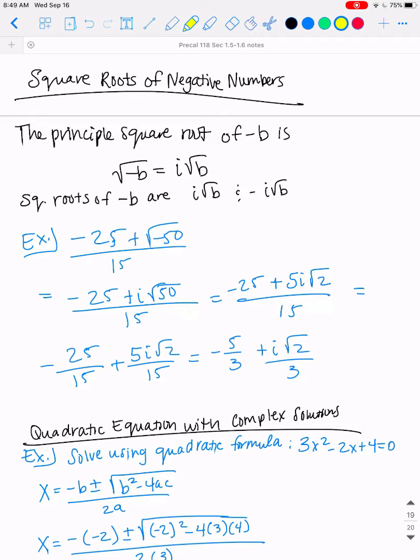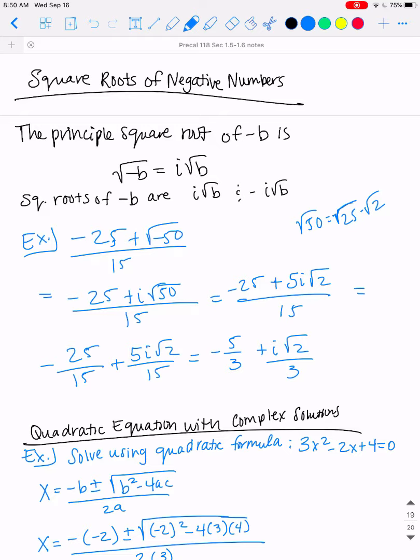For example, we have negative 25 plus the square root of negative 50, over 15. We're going to go ahead and pull out the negative 1 from under the square root to have i on the outside. And then we have negative 25 plus 5i square root 2 over 15. So we broke up our square root 50 into square root 25 times square root 2.